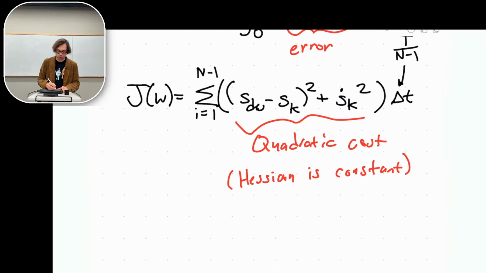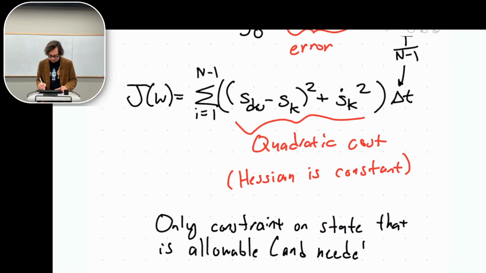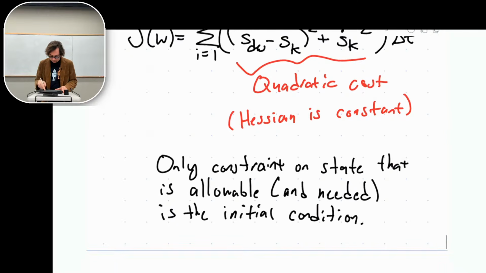And I'm going to say one thing: the only constraint on state that is allowable and needed is the initial condition. Okay?